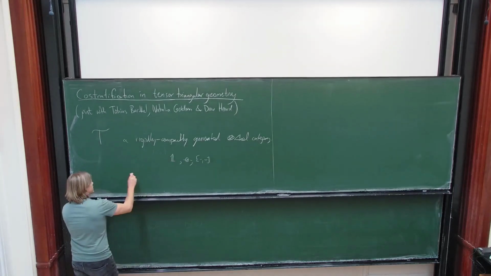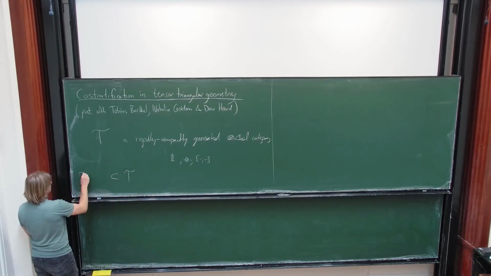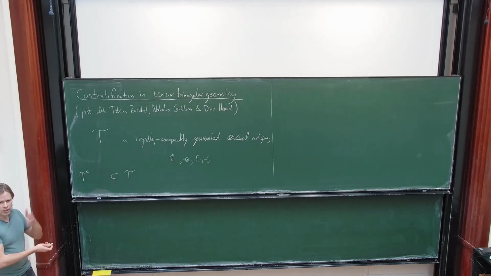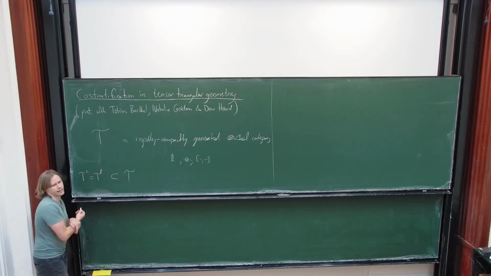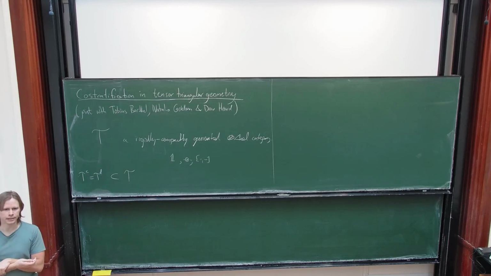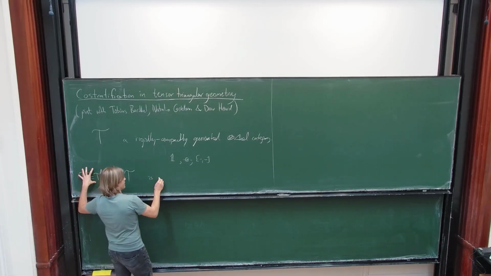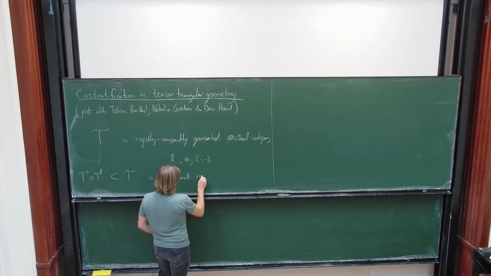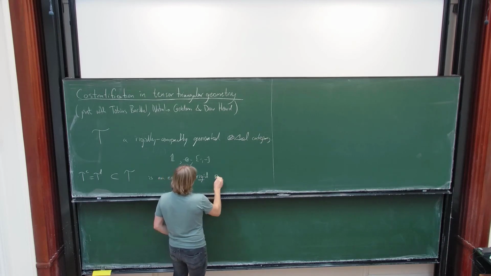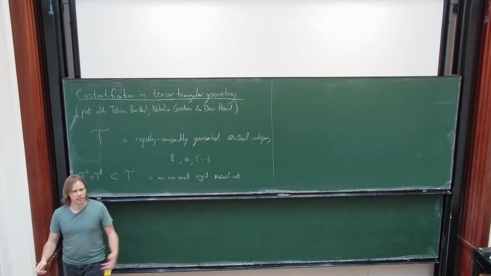So if you have such a thing, sitting inside it, you have the subcategory of compact objects, which I've just told you in these examples coincide with the subcategory of dualizable objects. This category sitting inside T is an essentially small, rigid tensor triangulated category, rigid just meaning that every object is dualizable.